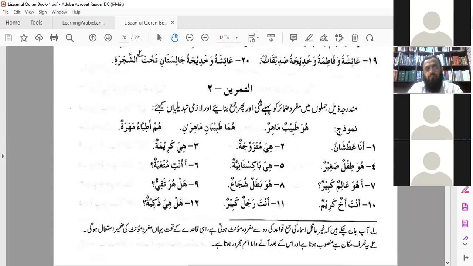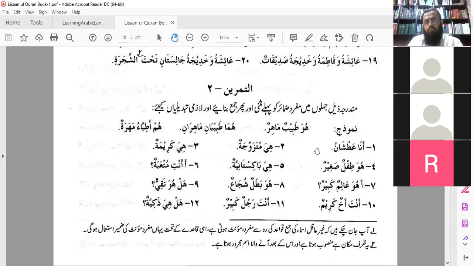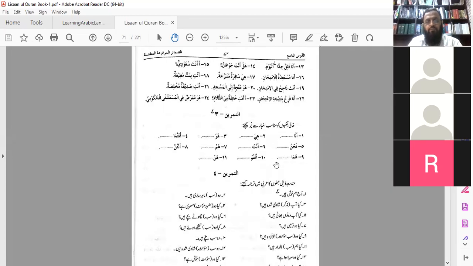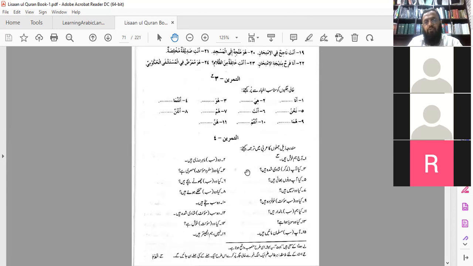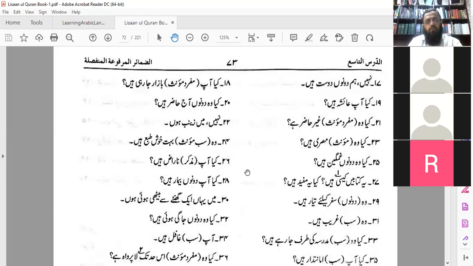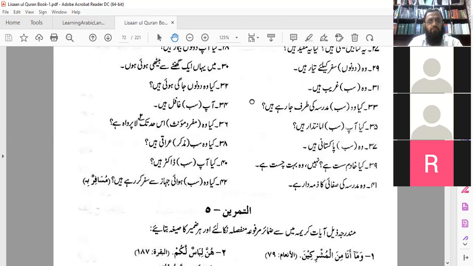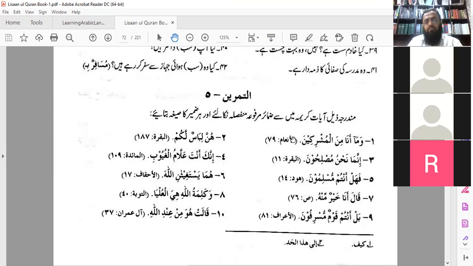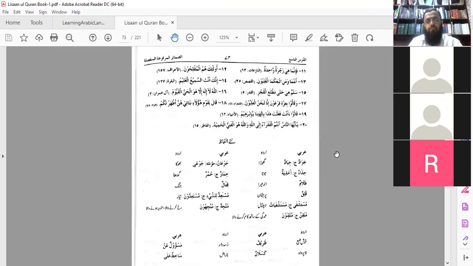First they are mufrad, then you have to make them muthanna and jama. Then exercise number 3, you fill in the blanks. The 4th is translation, complete translation. Then the 5th one is you have to locate the correct pronoun from the verses of the Quran.